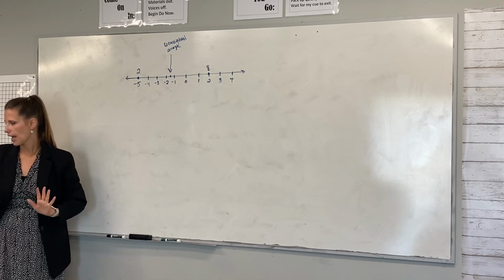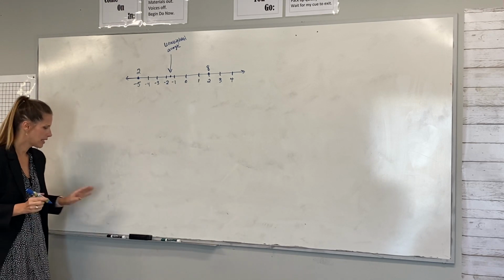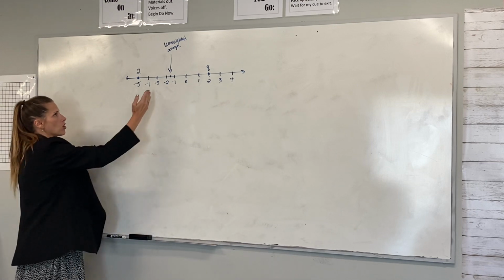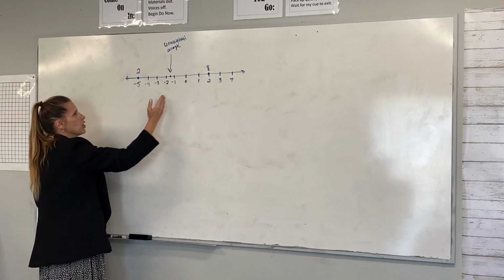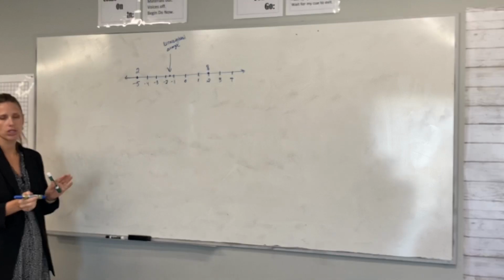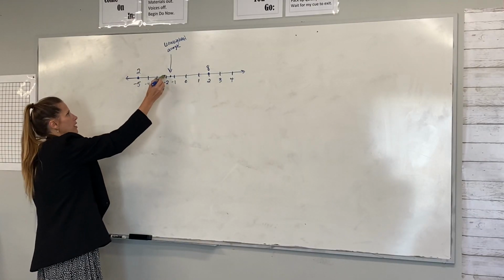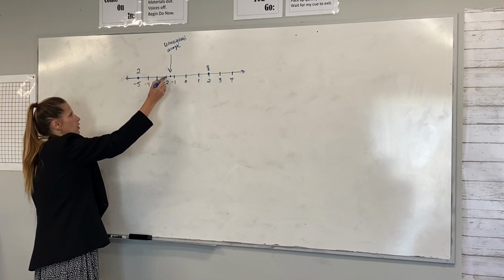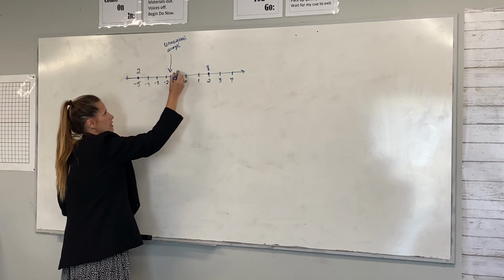So let's take a guess. If this is your unweighted average, halfway in between, do you think the weighted average is going to fall somewhere in the first half or in the second half?